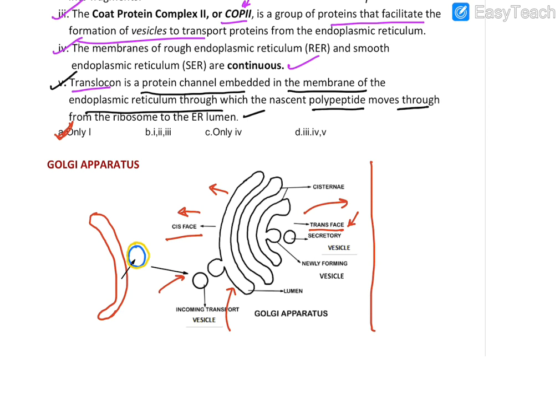They are called incoming transport vesicles. Now these incoming transport vesicles enter into the lumen of the Golgi apparatus, where modification and packaging take place. From there, it will move from one cisterna to another cisterna. Then later it comes out of the Golgi apparatus from that particular face, which we call the trans face.